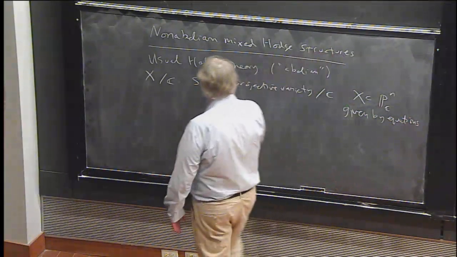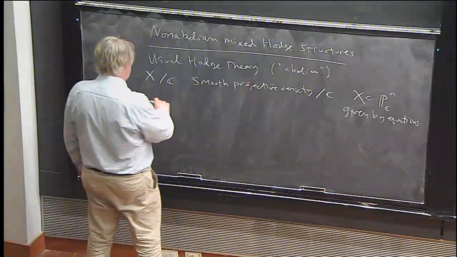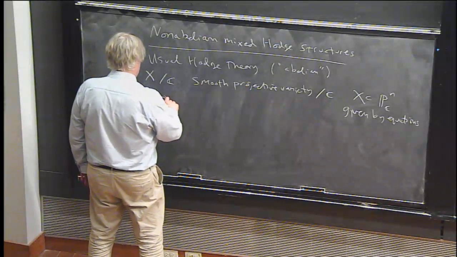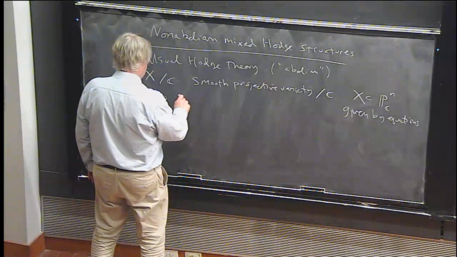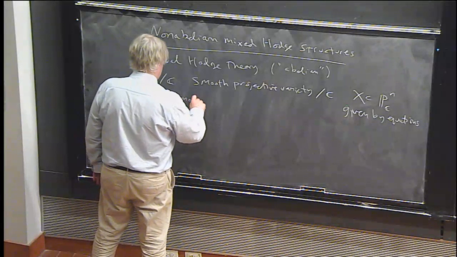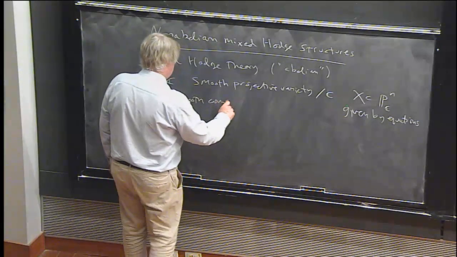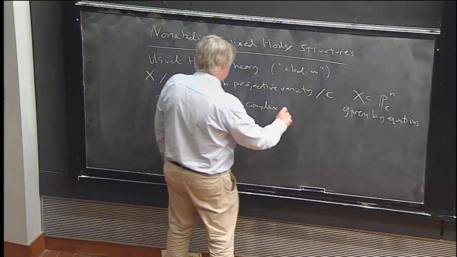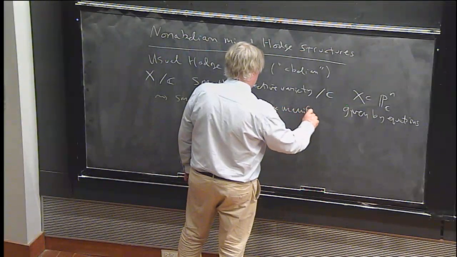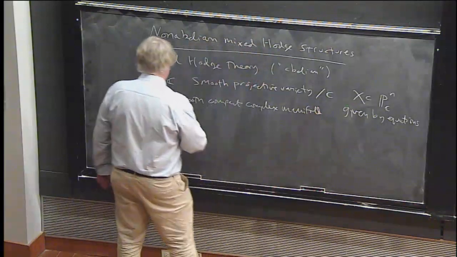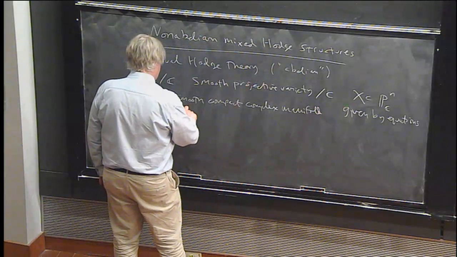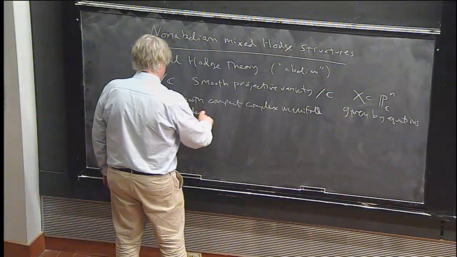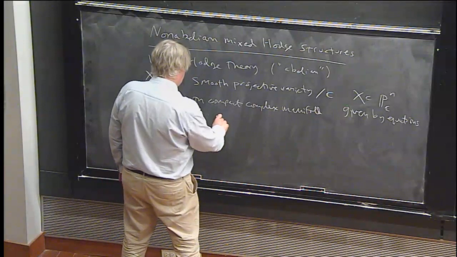And if we say smooth, that means it's going to give us a smooth complex manifold, smooth and compact. It's a Kähler manifold, and the Kähler form.